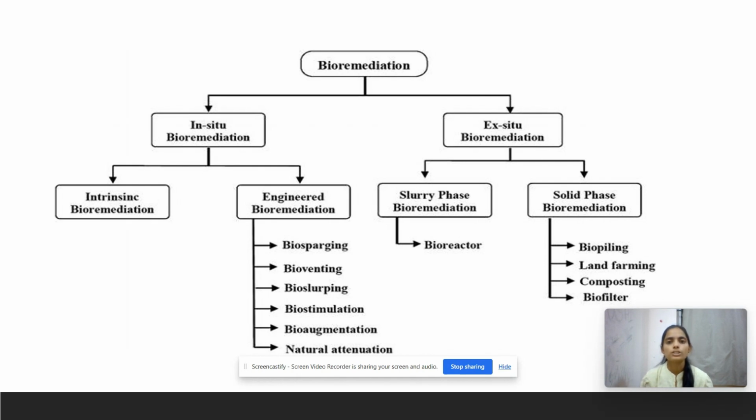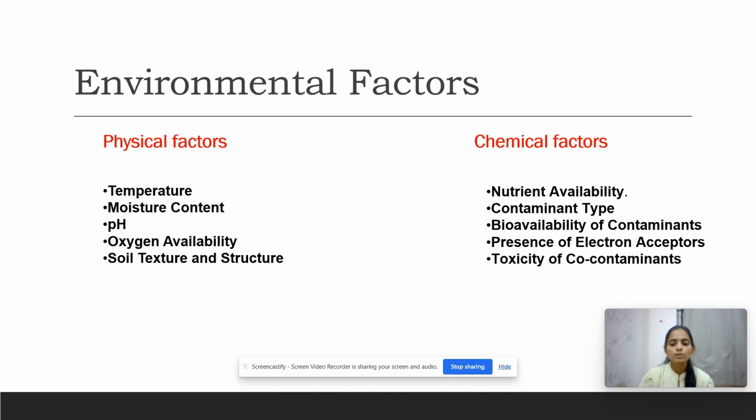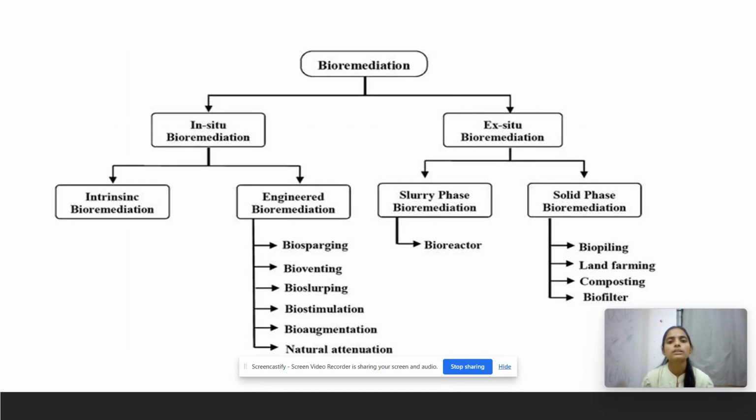In biosparging, air flows into the unsaturated areas of water. In bioventing, the air flows into the saturated zones of soil and helps in biodegradation. In bioslurping, it is a vacuum based biodegradation.